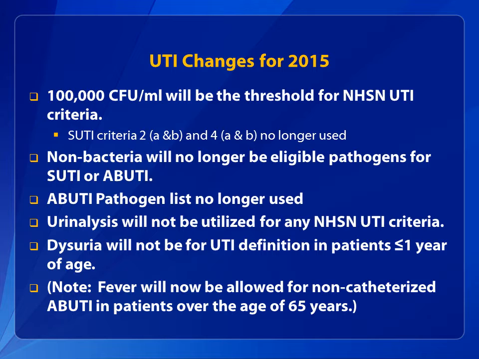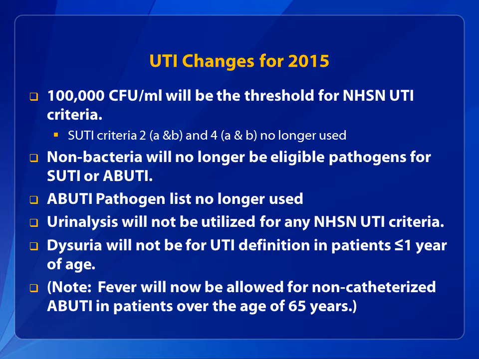Second, subject matter experts agreed that the clinical relevance of yeast in urine is a complex issue, but in most circumstances, these organisms do not represent infection of the urinary tract. In order to increase specificity of UTI data, yeasts and other non-bacterial organisms, when isolated alone in urine culture, do not qualify as a positive urine culture for UTI surveillance.